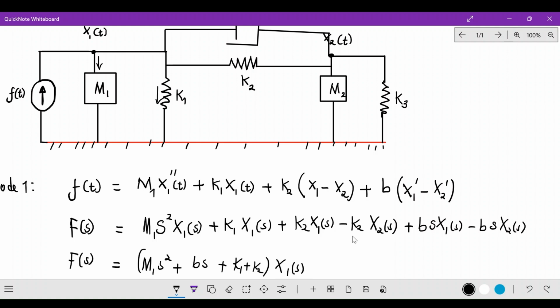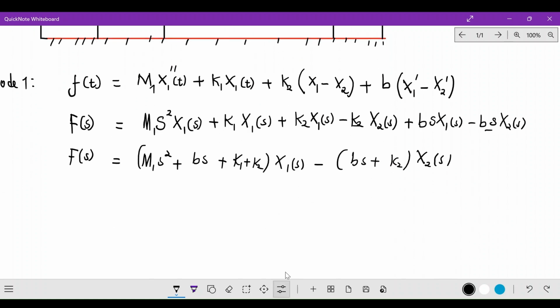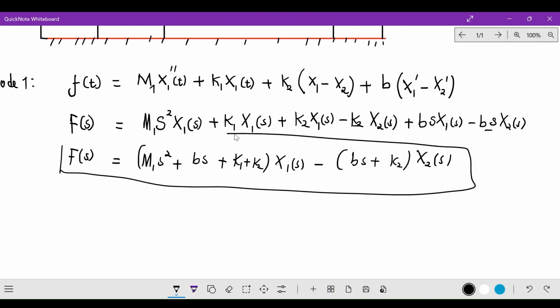And then you see that for x2 of s, the terms are negative, so I'm going to factor out the negative. This is minus bs plus k2, from here and that one, times x2 of s. So this is the first equation if you apply node analysis at node number one. It's the first equation you get.